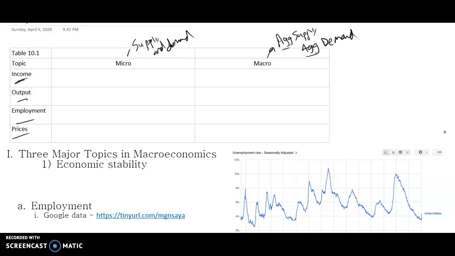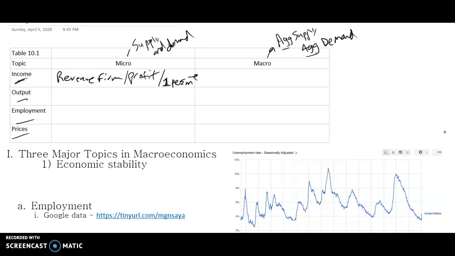So for income, it's the idea of something like revenue for a firm, for an individual firm, or it's profit for that firm, or it's the income of one person, how much money, how much profit that person makes.